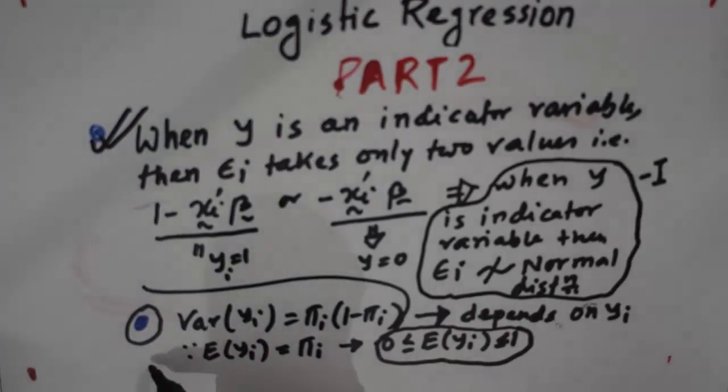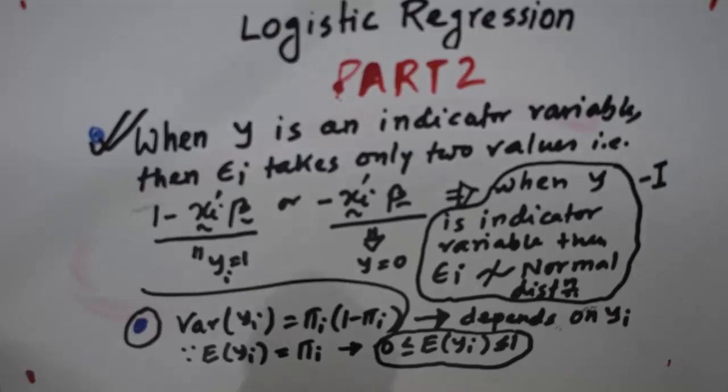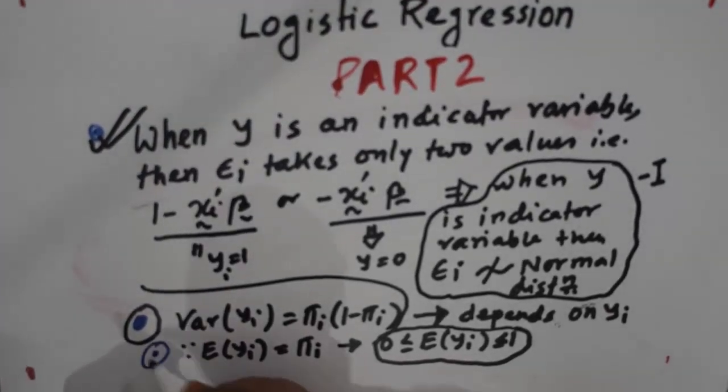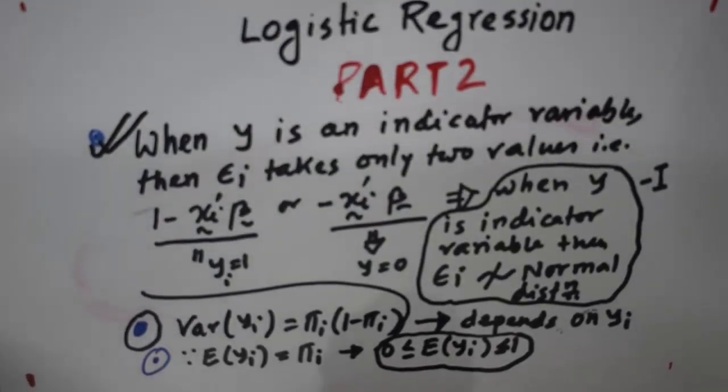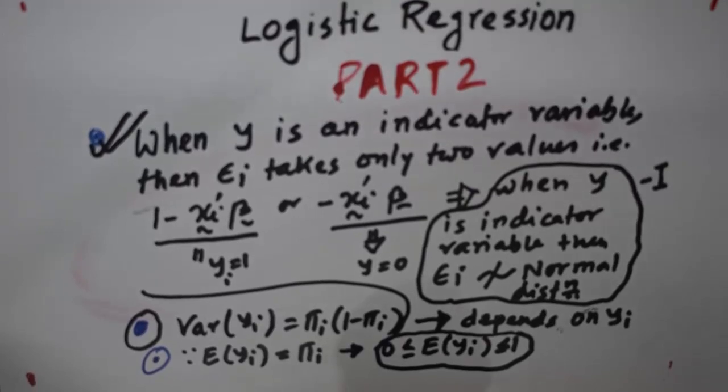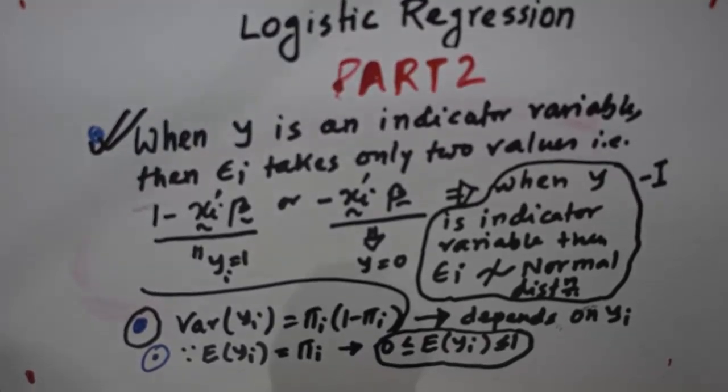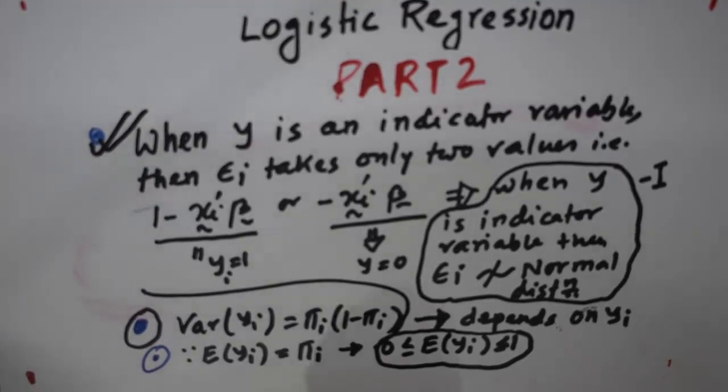And third, the most important thing we observe, since the expectation of yi equals pi i and pi i is the probability of yi equal to 1, therefore the expectation of yi lies between 0 and 1. So we cannot fit a model in which the predicted values lie outside the interval of 0 and 1. These three things we observe.